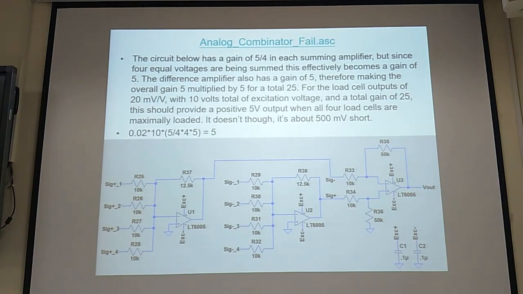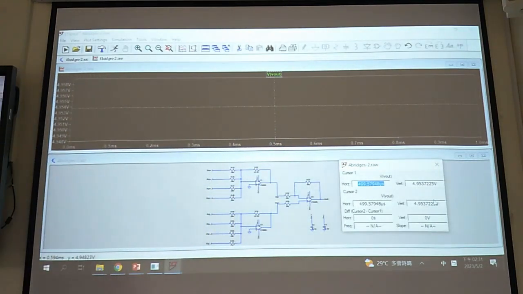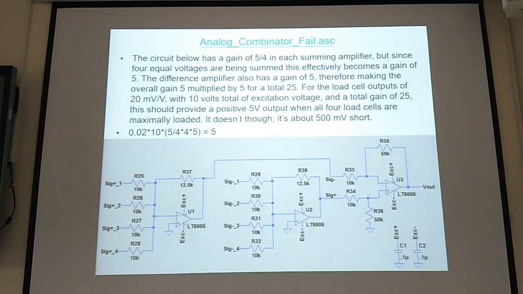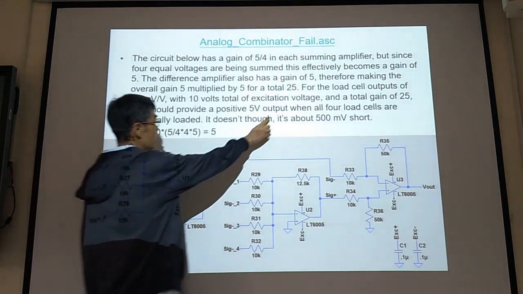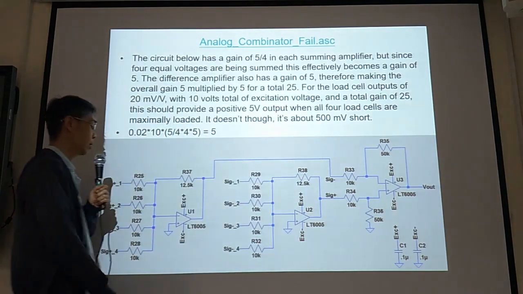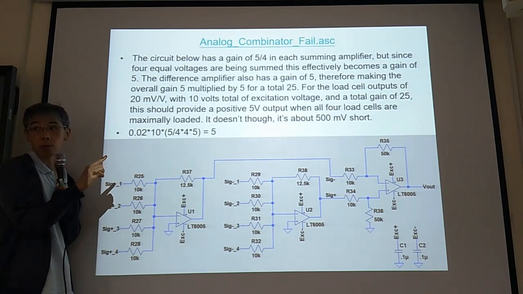To combine this, see the output according to the PPT. So the total gain is 25, and the output from the Wheatstone bridge is 0.2.